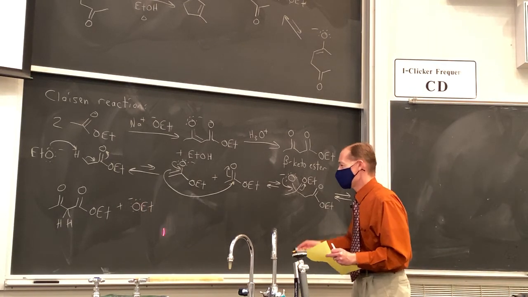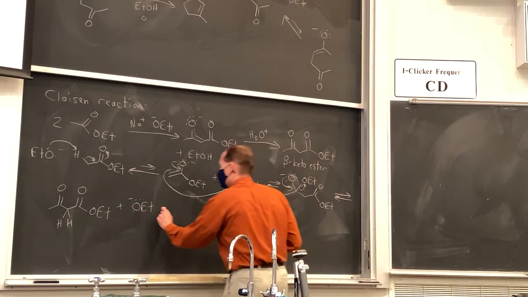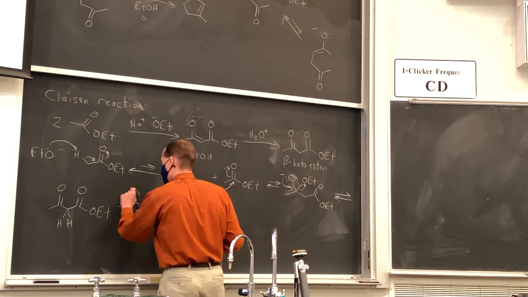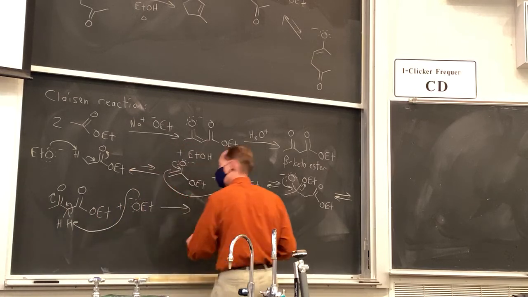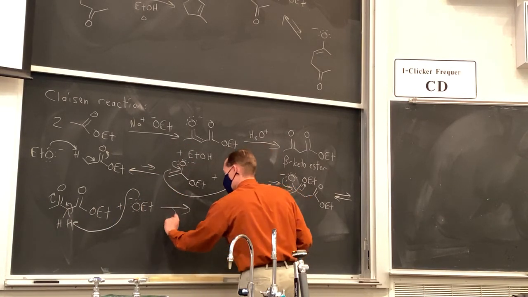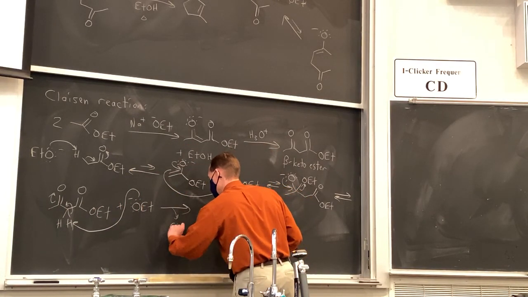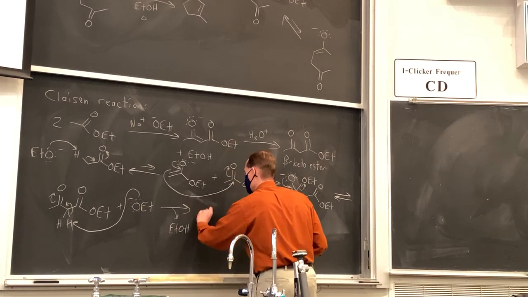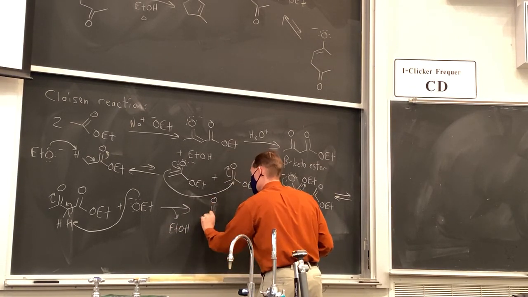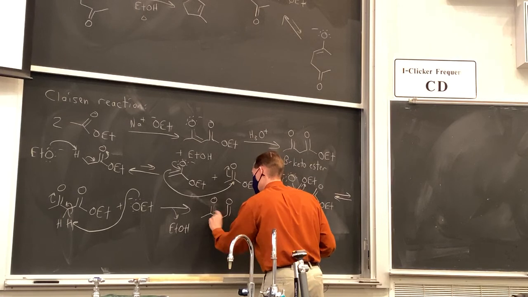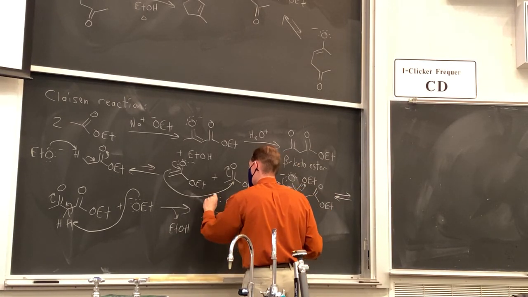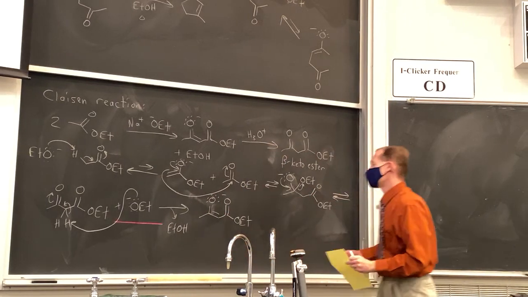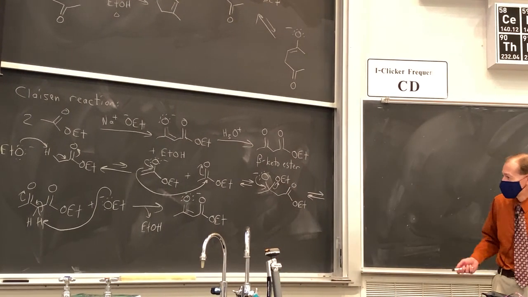This is a strong enough base to deprotonate our beta ketoester irreversibly to generate the enolate. Okay, so we're going to produce ethanol in this case, and the enolate of our beta ketoester. So this step is irreversible.